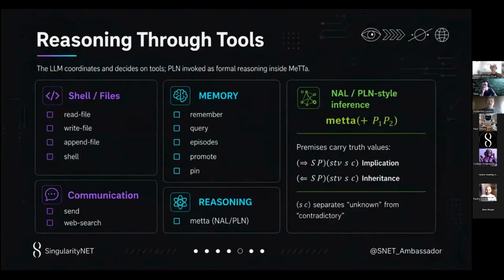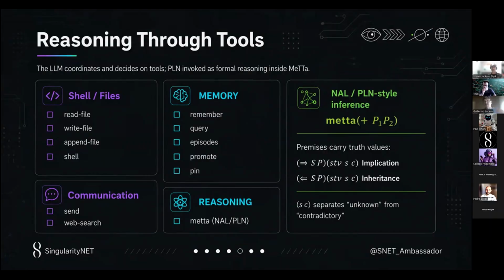Here we can see how OmegaClaw moves beyond simple LLM prompting. The LLM acts as a coordinator. It decides when to access files, use memory, communicate, or invoke reasoning tools. The important part of the reasoning layer goes through MeTTa.